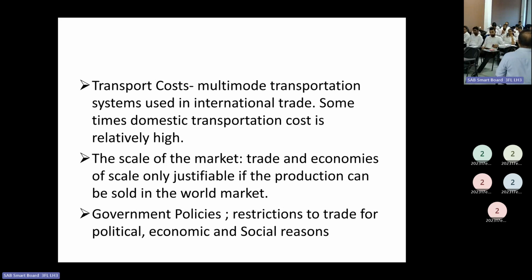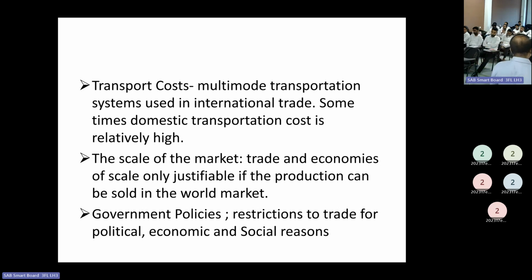That is the problem. In international trade we have to use multi-mode transportation, both internationally and domestically. The problem is that domestic transportation modes are very costly, so that affects the trade.